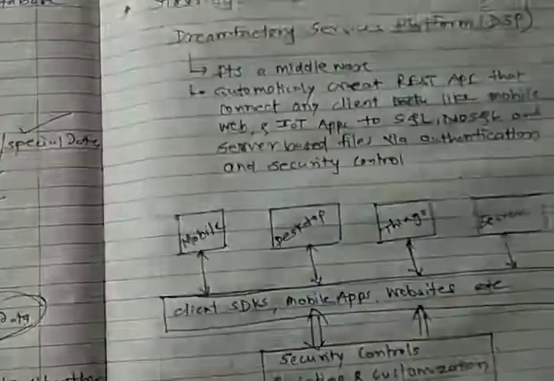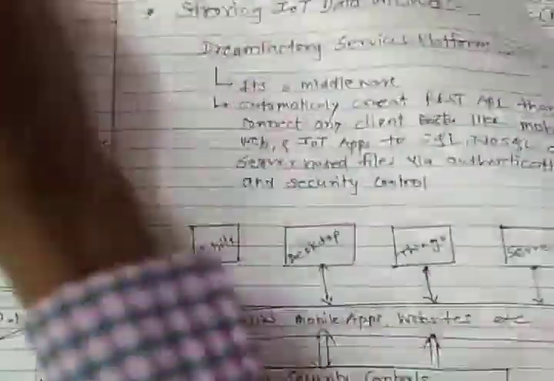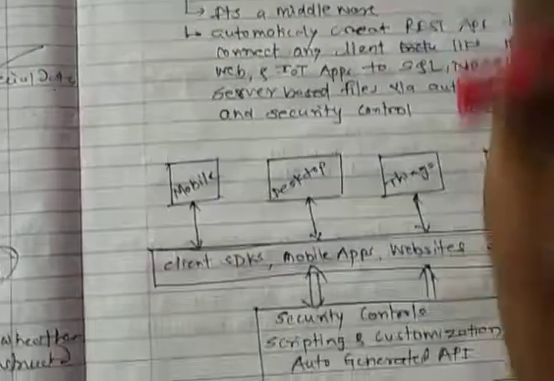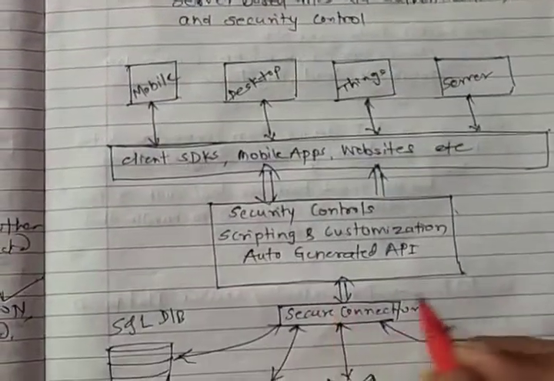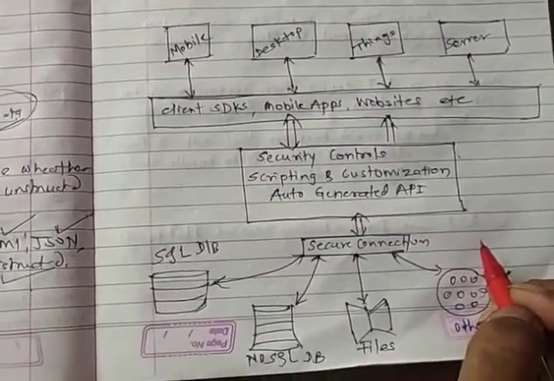How does the DSP actually work internally? Now there is a small architecture of DSP which will tell us how this DSP works. Now see here, this is the working diagram of DSP.